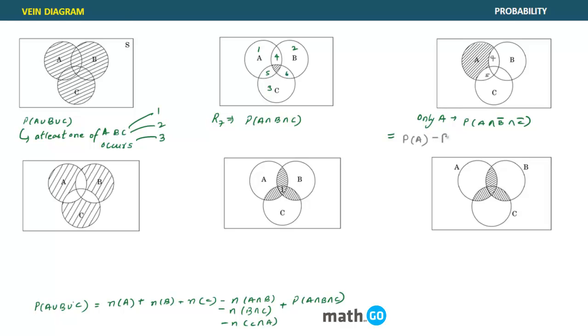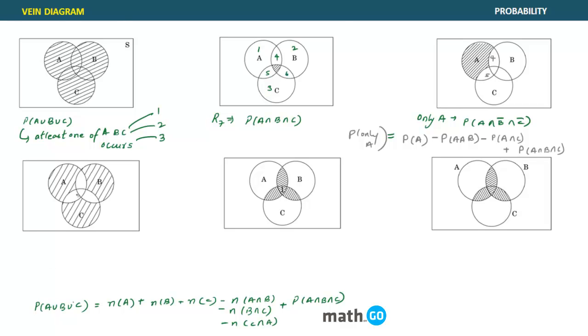Region 4 is nothing but A intersection B, then minus 5th region is A intersection C, right? But you have subtracted this 7 region twice, so you will have to add this region, that is A intersection B intersection C. So this is how you find probability only A. You can similarly find probability only B, probability only C.